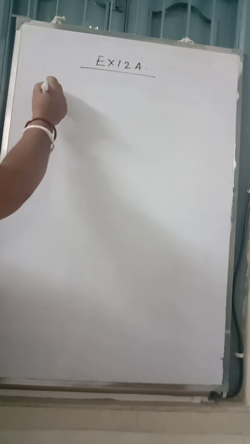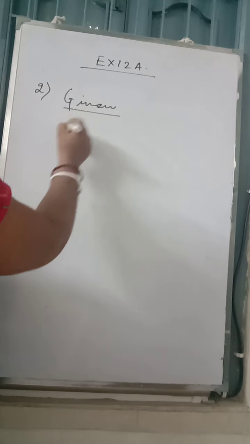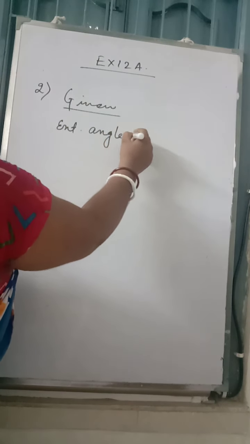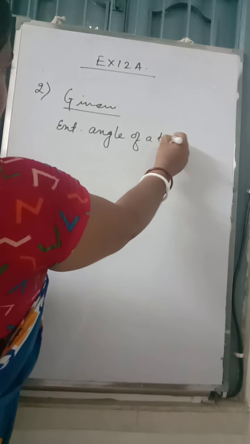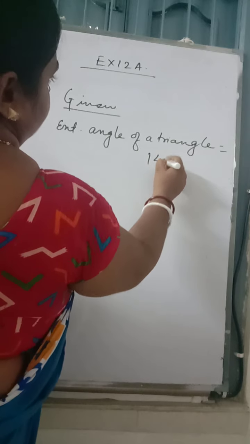Now write here, given exterior angle of a triangle is 145 degree.